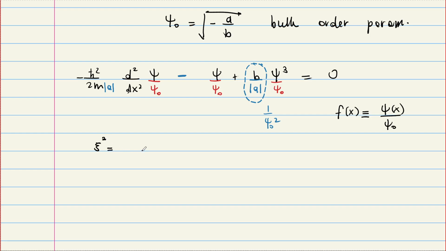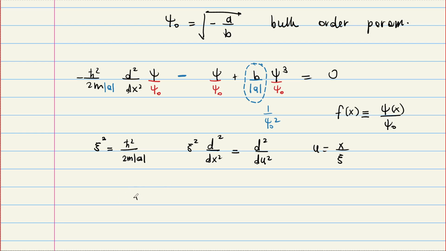Xi squared is h bar squared over 2m a. Then this object, xi squared d squared dx squared, I'm going to define as d squared du squared, where u is going to be x over xi.